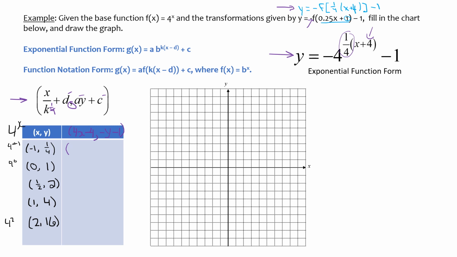Minus 4, that's going to be a negative 8. That's my new x value. And 1/4 goes in for the y. So that's negative 1/4 minus 1, that's negative 1 1/4. So that's going to be a coordinate on my new transformed function. So negative 1/4 got transformed to negative 8, negative 1 1/4.